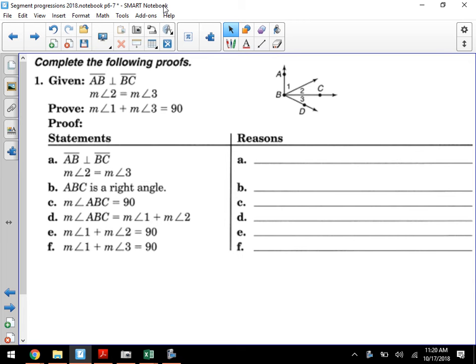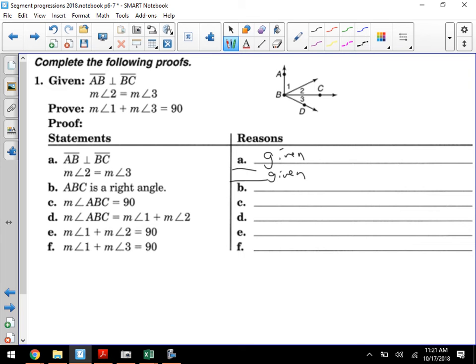All right. So what they're doing here is the books tend to do double givens, which is fine. So this one was technically the given below it as well. There should be like two parts. Now, why is angle ABC a right angle?